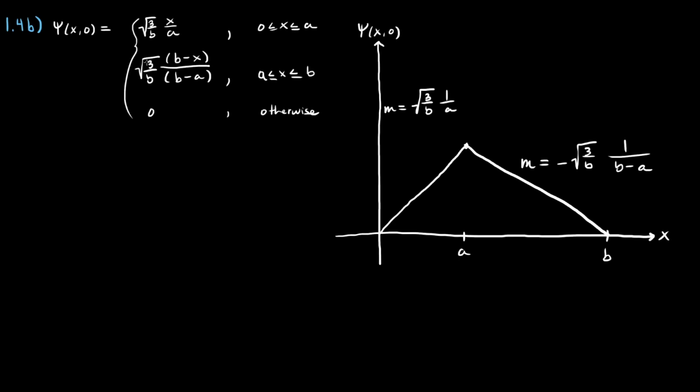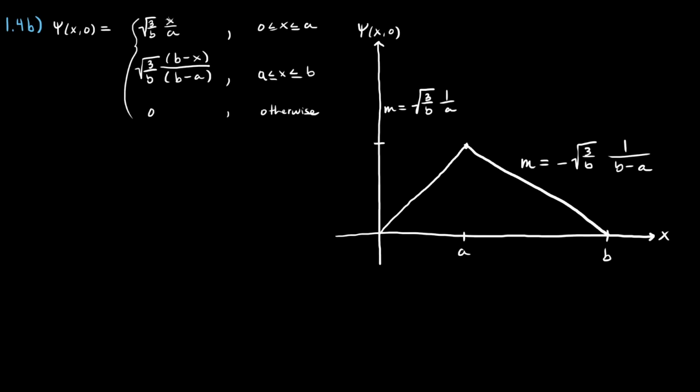This is because we just have to distribute this value in, which is the square root of 3 over b, as well as b minus a into x, and just see what is multiplied by x, which is this value here. And the peak of this graph will just be what we substitute in for a.